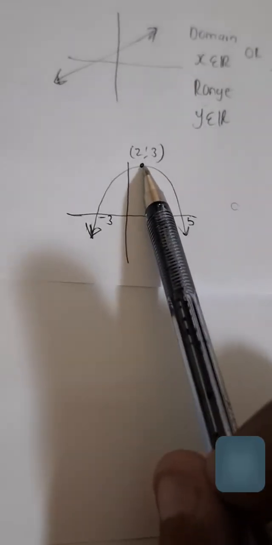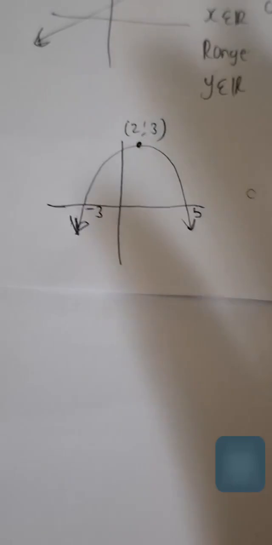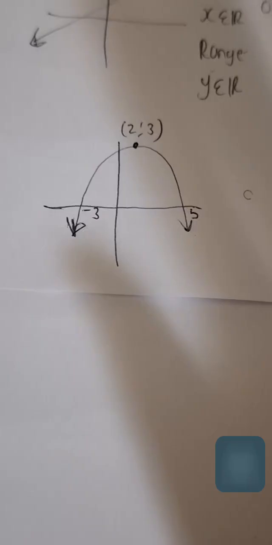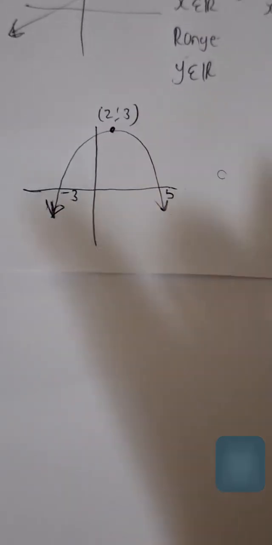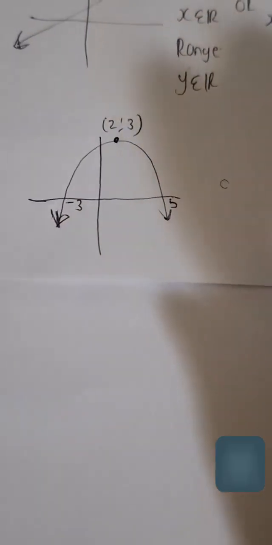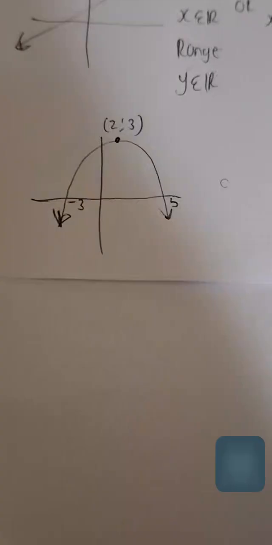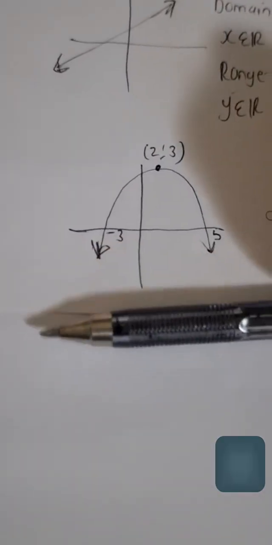Then I came to you and I asked, what is the range of the function? Once again, you go to your definition. Range is possible y values where the function exists, where it is defined. With range, we say from the bottom to the top.